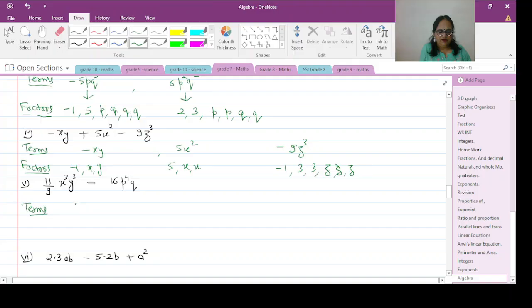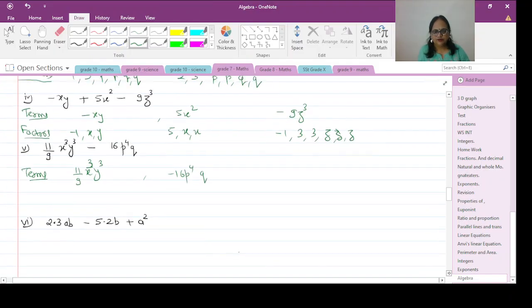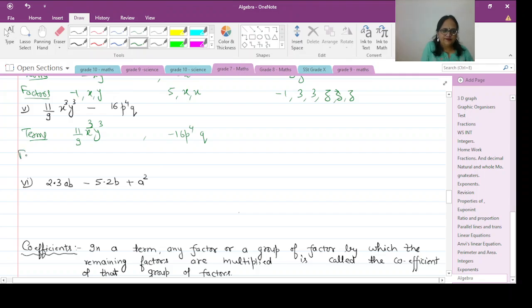One more example. Terms are 11 upon 9 x square, no, it is cube, x cube y cube, minus 16 p to the power 4 and q. Factors: 11 upon 9 x comma x comma x y comma y comma y for this first term, and for the second term you can write it as minus 1, prime factors of 16.